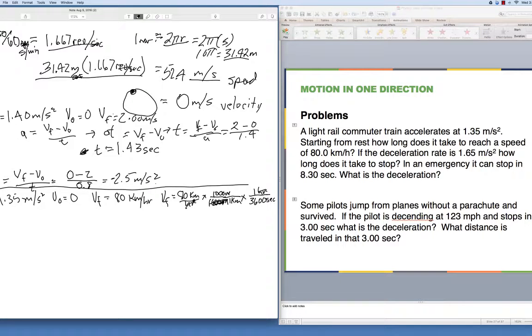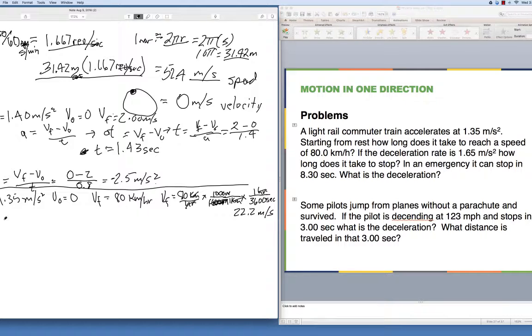And the hours cancel each other out, and the kilometers cancel each other out, and you do the math here, and you're going to get what it is in meters per second. And it's 22.2 meters per second.